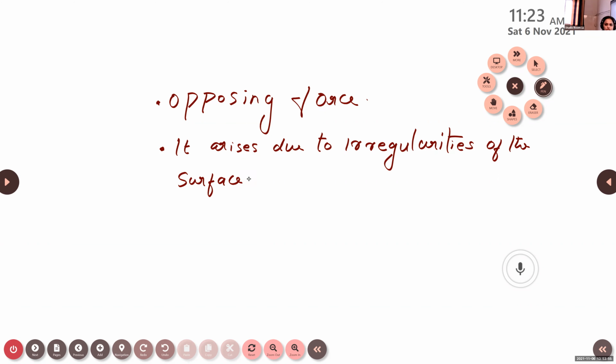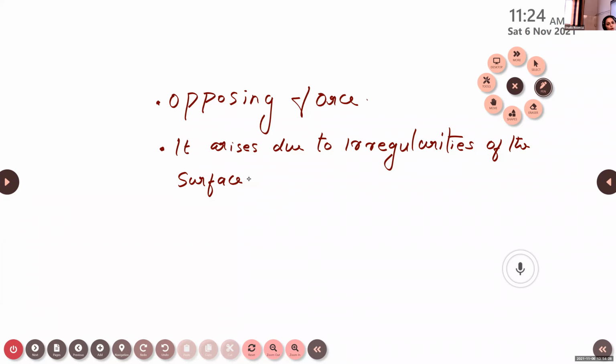We know that frictional force is a force which acts between two objects. So two objects are needed in order to explain this frictional force. Okay, and it arises due to irregularities of the object. When one object is moved on the surface of another object, the smoothness of the motion occurs only due to the irregularities of the other object. Whenever we throw a ball, the ball moves a long distance for some time.